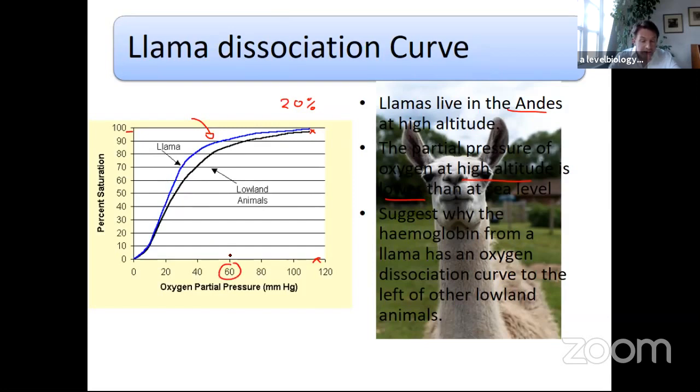However, if the sea level animal went to altitude, then the saturation curve of its hemoglobin is significantly below the level of the llamas, because the llamas have got a greater affinity for oxygen in their hemoglobin, which means that at low partial pressures, which they experience at altitude, they can load more oxygen onto their hemoglobin than they would do if they had the hemoglobin of a lowland animal.